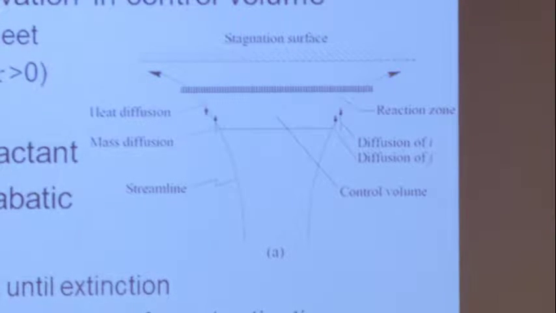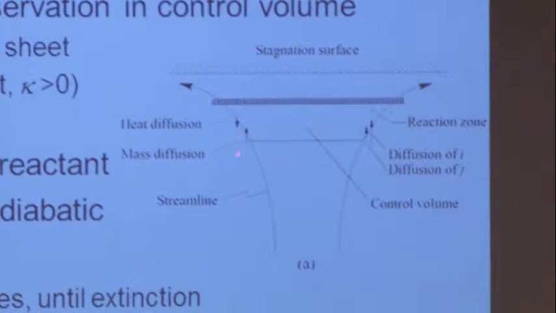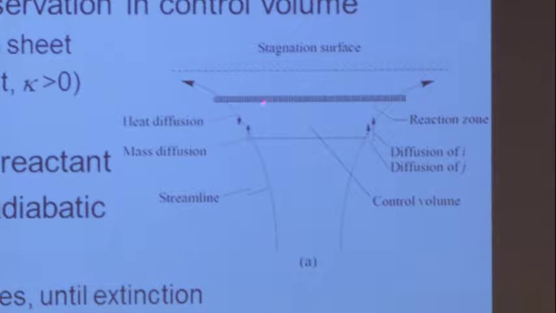The next question you might want to ask is, what happens if Lewis number is less than 1? Lewis number less than 1 means it's losing energy but gaining species in terms of chemical energy, and if it's less than 1, this is more efficient.